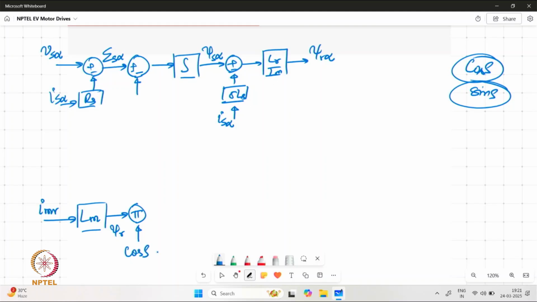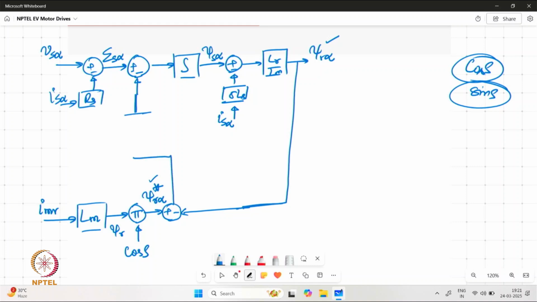So if we take the product with cos rho, we will be basically generating another estimate of psi r alpha, which I can call as psi r alpha star. Now there are two estimates available for the same quantity. So we can compare these two, and the error can be used as the correction factor for improving the DC drift.